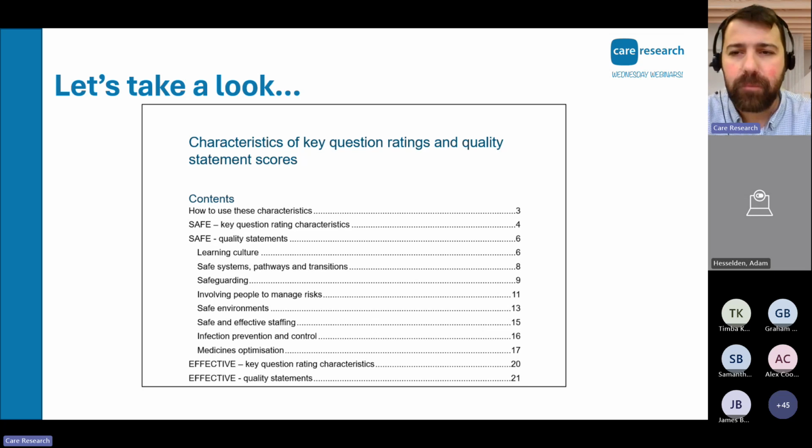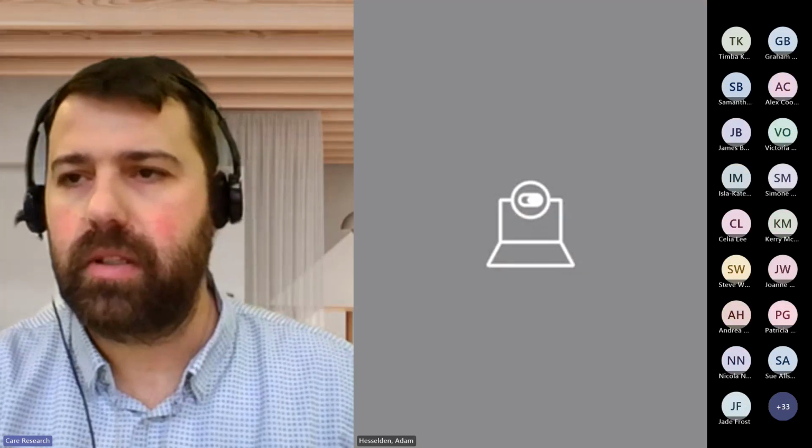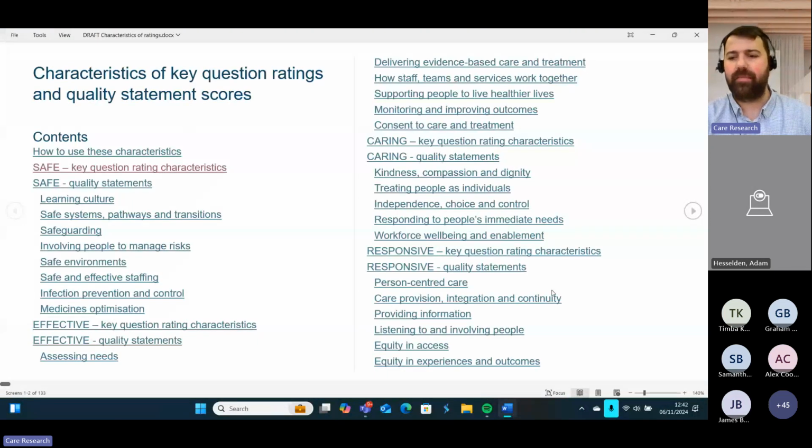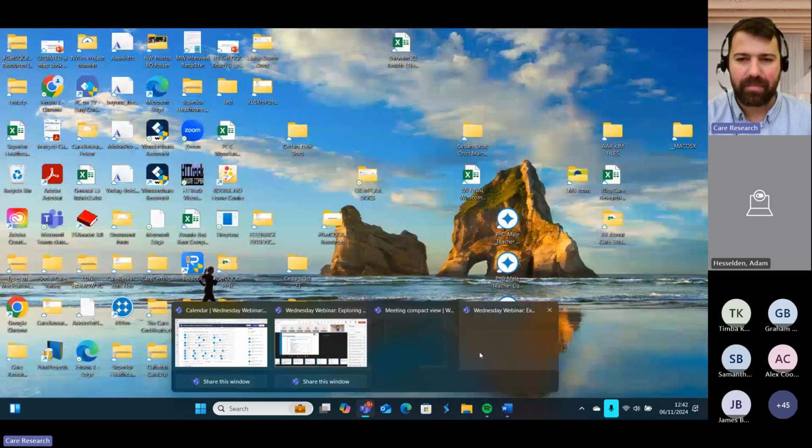What I'm going to do now, which I desperately hope will work, if it doesn't work, it's going to be very awkward. I'm going to share my screen and then I can show you the document itself. Here we go. Share my screen. Let's see all of that, do we? Here we have the document. If someone could put a thumbs up, just so I know that people are able to see that, that'd be really helpful.